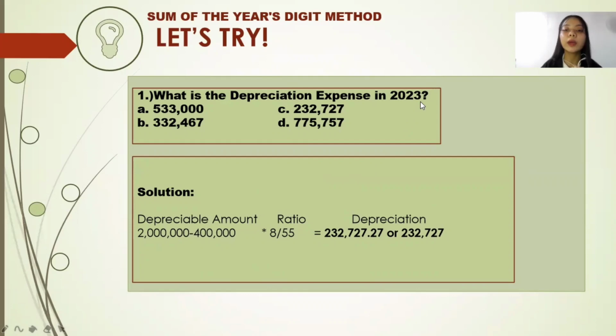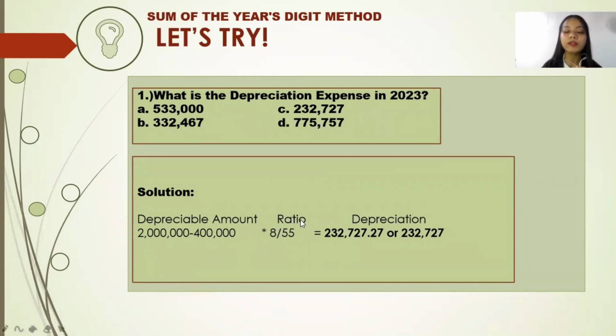Kasi 2023 ang tinatanong, at 10 years ang useful life. 10 minus 1 kasi 2021, minus 1 pa ulit kasi 2022. Nakuha na natin yung depreciation ng 2021 at ng 2022, kaya 8 lang siya.